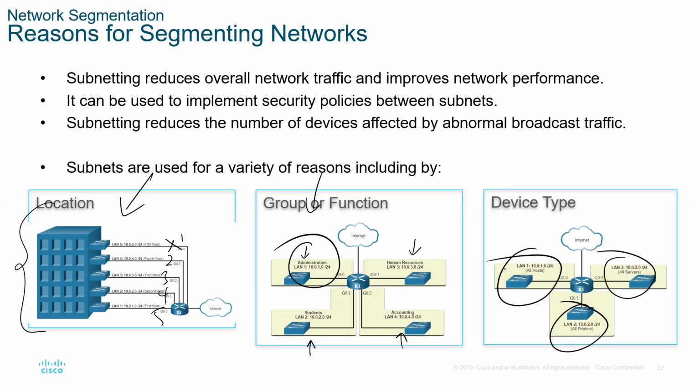I started with segmenting by location. You can segment by function of a group of devices. If a group of devices is being used by students, they have their own network. Admin network, sales network, electrical engineers network, network engineers, their own network: group of function, as well as device type. Very important.